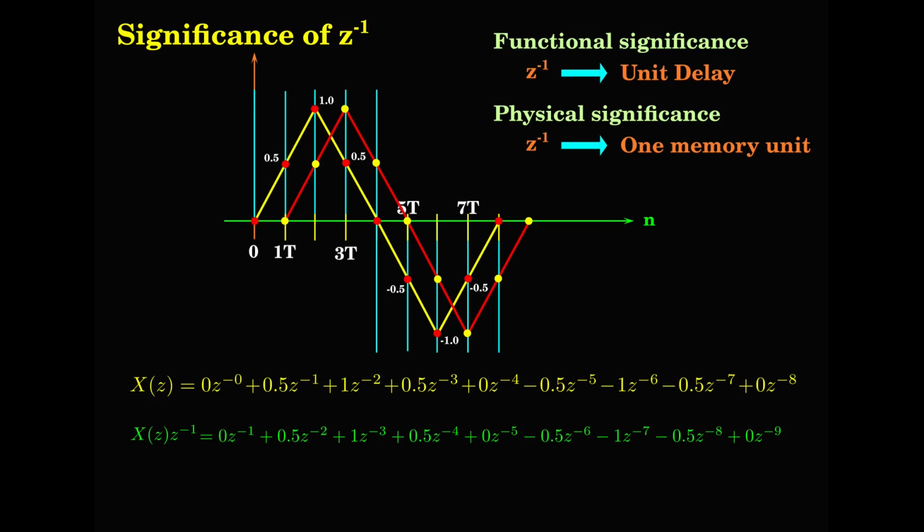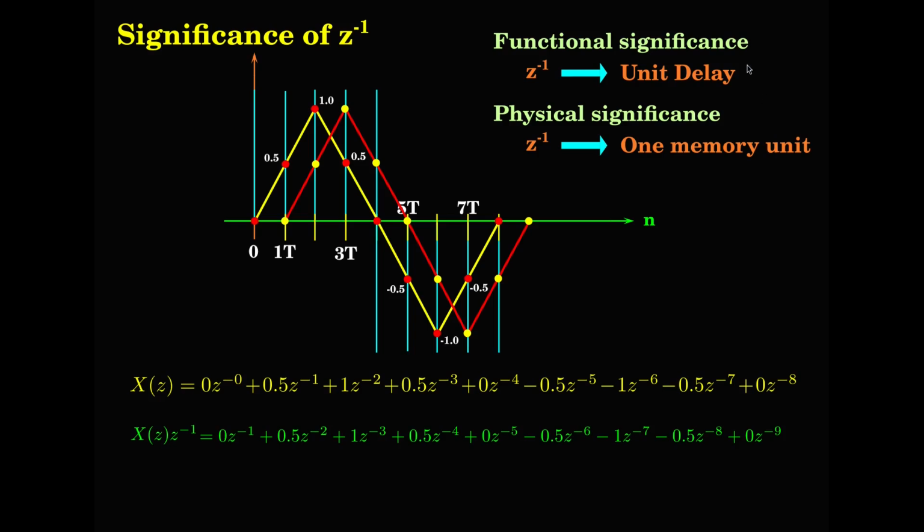If I am using a 16-bit system or a 16-bit microcontroller, then one memory unit would be 1 word or 1 16-bit word. Or if I am using a 32-bit microcontroller, Z to the power of minus 1 would mean 1 32-bit word.